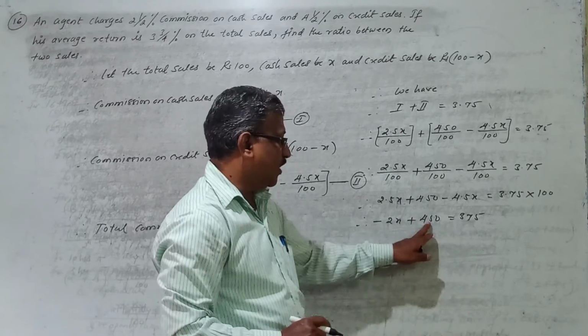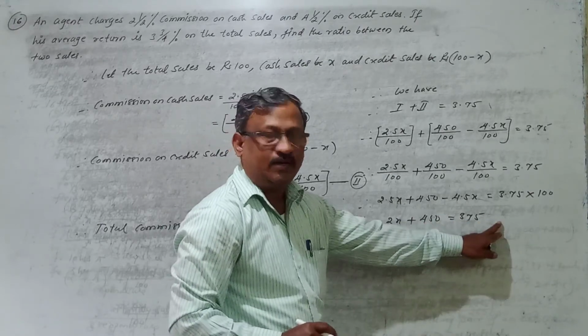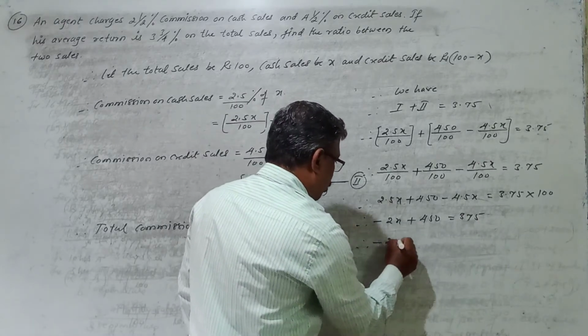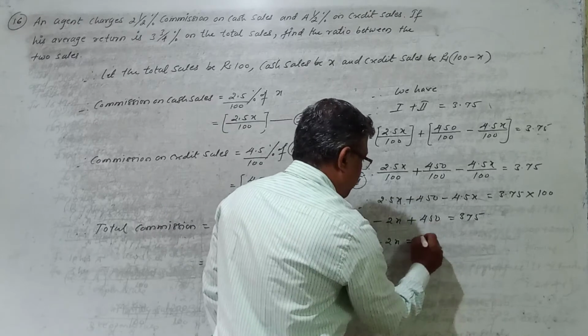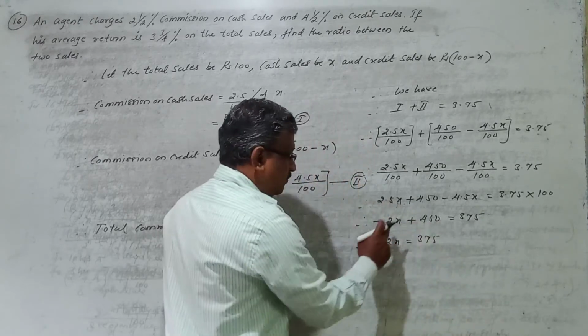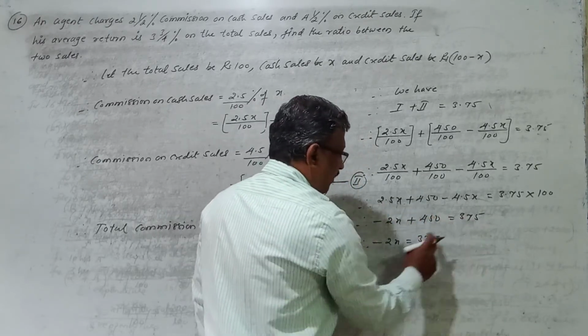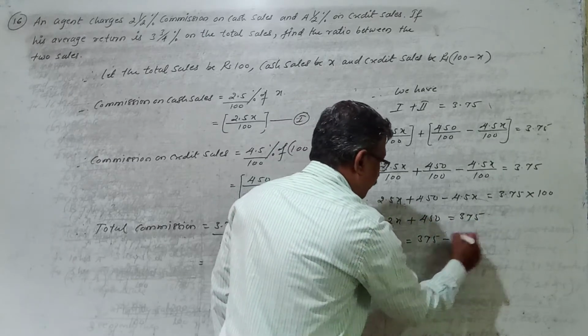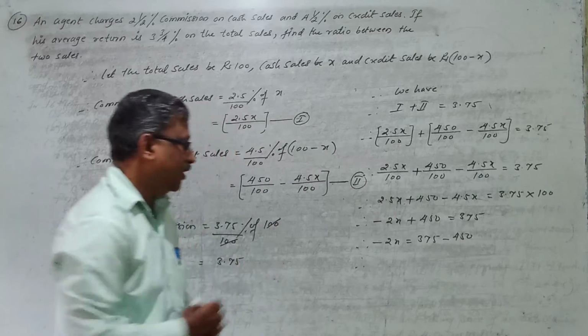Now in minus 2x we cannot add 450, but 450 and 375 we can solve, and to solve you have to transfer this value to this side. So this plus becomes minus. So minus 2x equals 375 remains as it is. Now bring this to this side. Plus becomes minus 450. Okay?